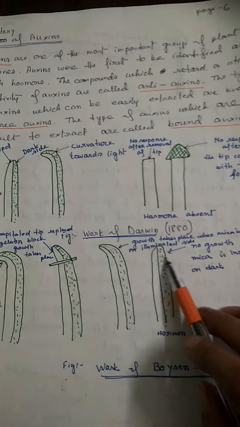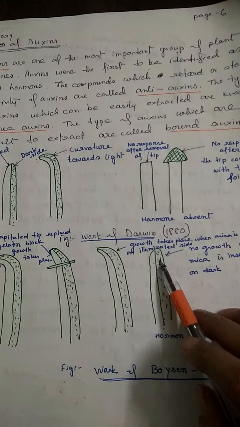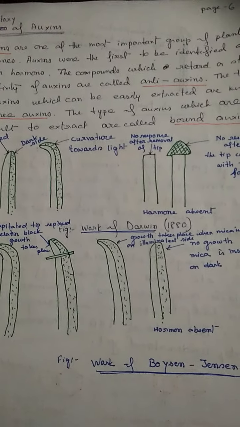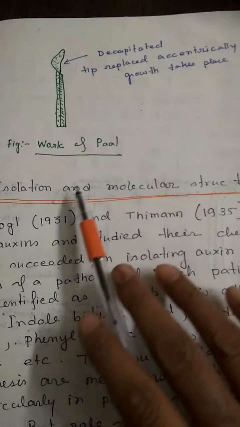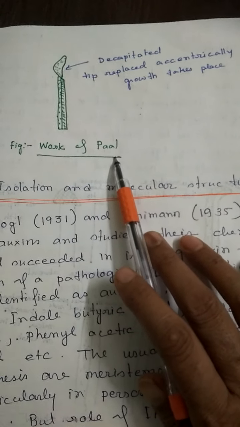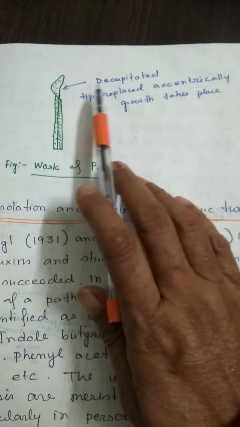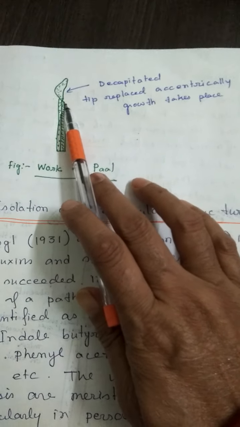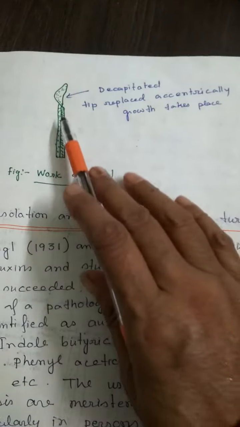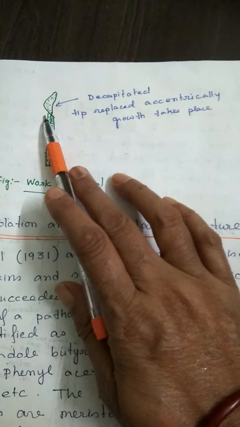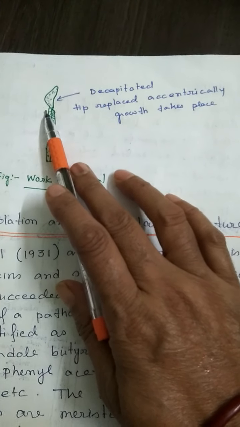But when the dark part is interrupted by the mica sheet, the curvature is not formed. Another work is by Paal, who found that if the decapitated tip is turned over and placed back, the curvature and growth still take place.